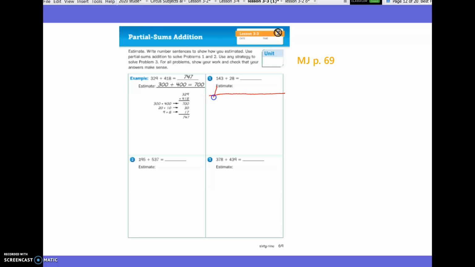So it's closer to 100, so I can put down 100 plus. And 28 is close to 30. So 100 plus 30 is 130. That's my estimate. Then you're going to do your partial sums work down here to find the real answer, and then you'll put the real answer at the top.